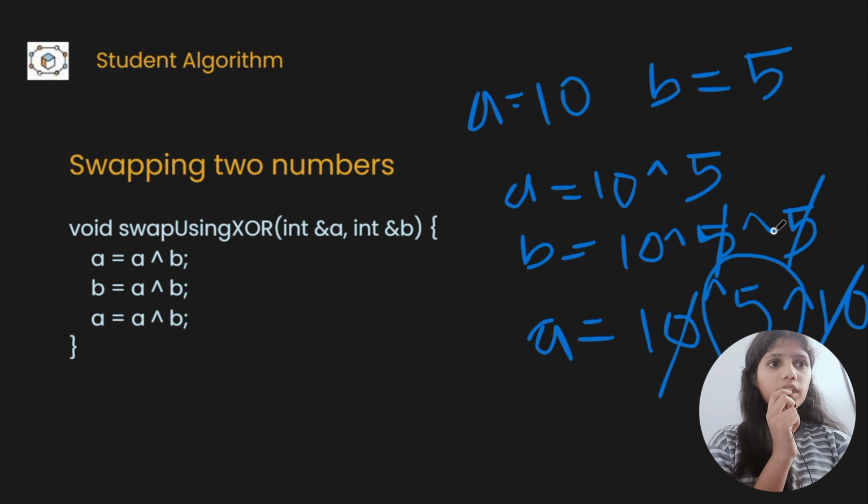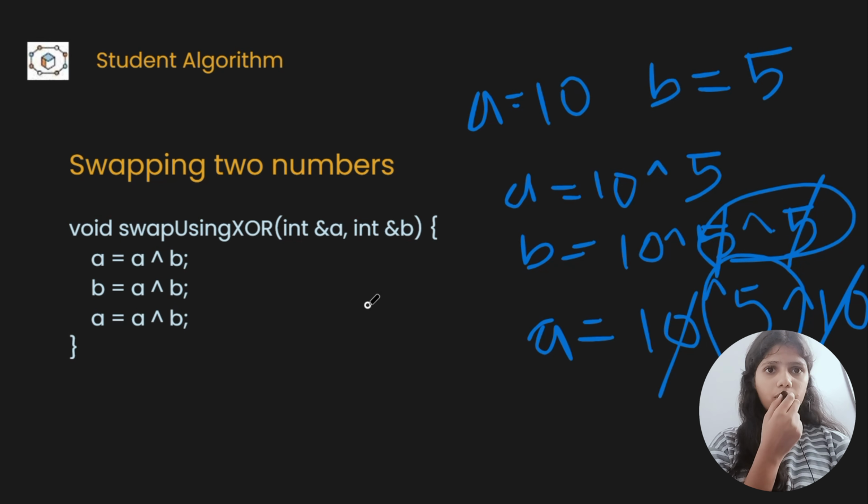Now a will be storing the b value and b will be storing the a value. This is similar to the plus and minus operations we did on the previous slide. What we have discussed is that if we have the same numbers, the result turns up to 0, and anything XOR 0 is equal to that number itself. That's why swapping with plus and minus and with XOR is similar.